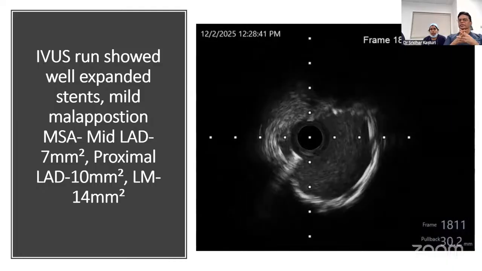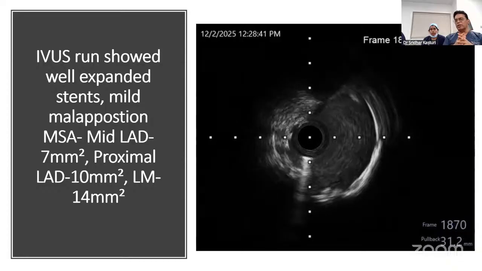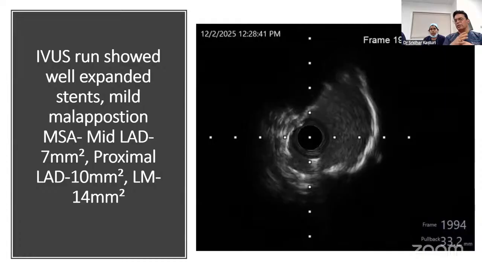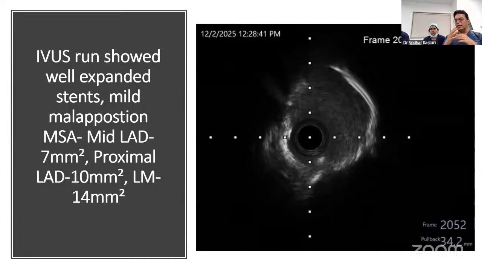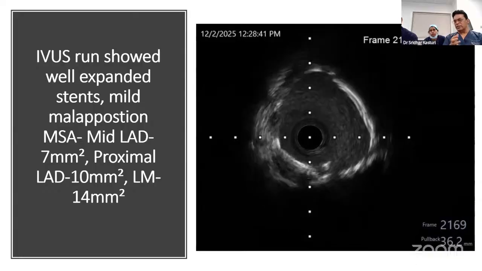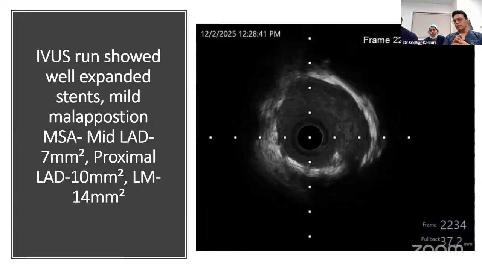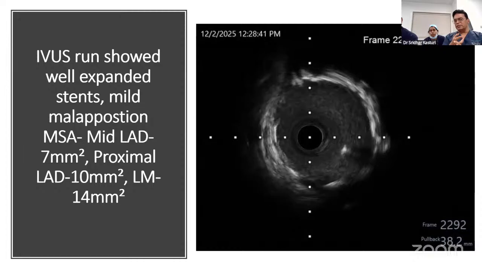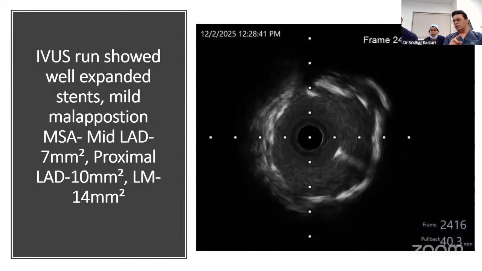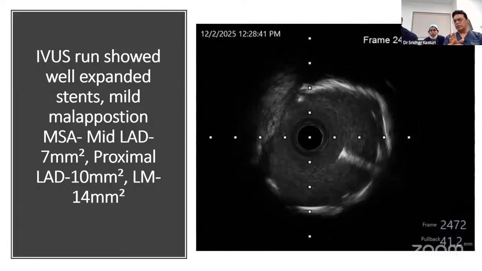If these areas are achieved, all IVUS studies have shown very clearly that, except for left main, like LAD, LCx, RCA, the results are much better. So one is having an adequate MSA, or comparing with the reference zone, achieve more than 80%.